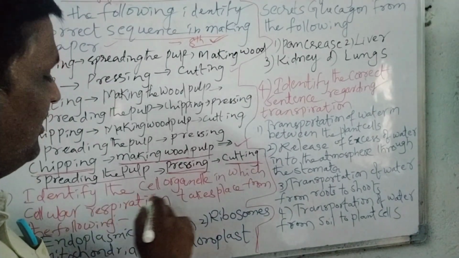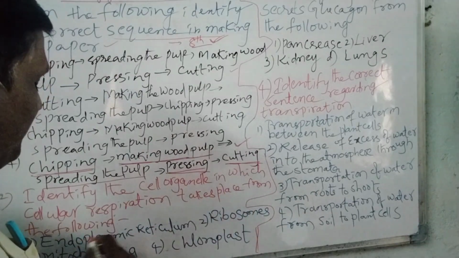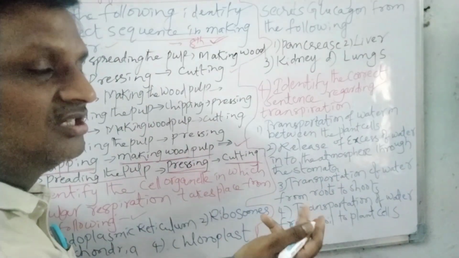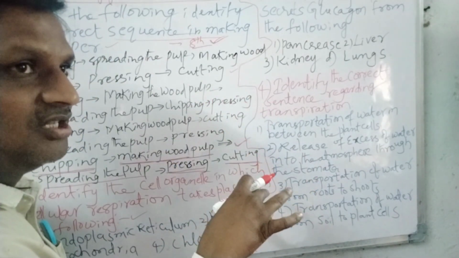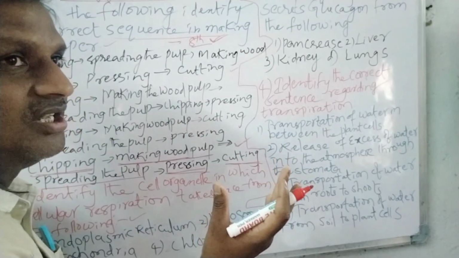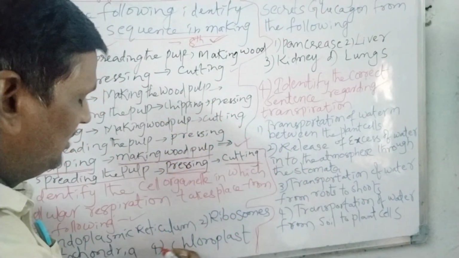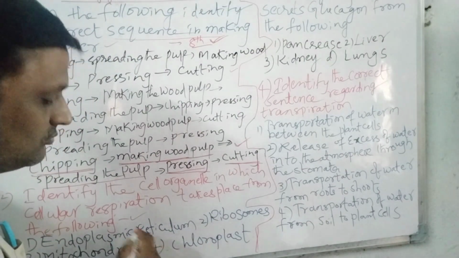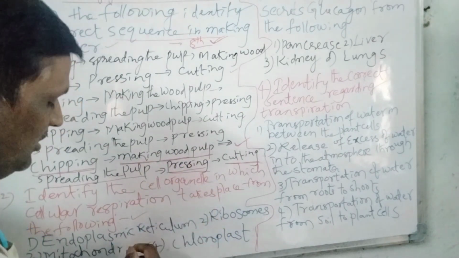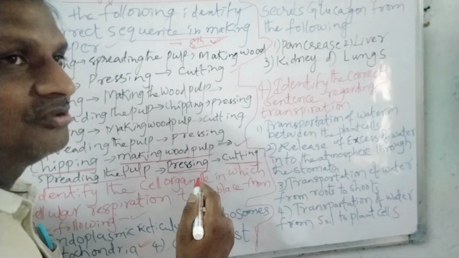The next one: identify the cell organelle in which cellular respiration takes place from the following. Cellular respiration is involved in aerobic respiration, that means it releases the energy in our body. In cellular respiration, generally the food and oxygen are transported to the mitochondria, and this food and oxygen are oxidized in the mitochondria and produce the energy.